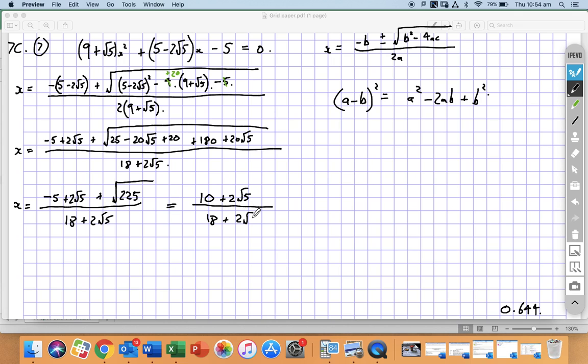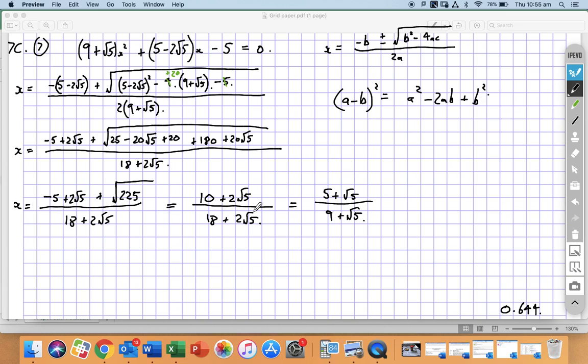Now I can see that every term in the fraction could be divided by 2. I could divide everything on the top by 2 and everything on the bottom by 2. So let's simplify this fraction and say that it is 5 plus root 5 on 9 plus root 5.